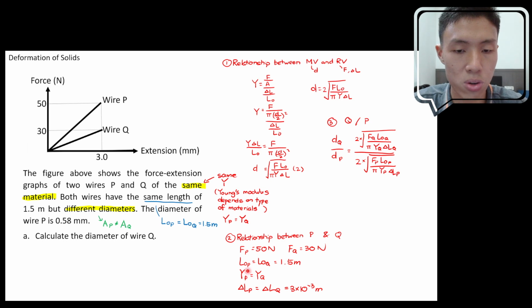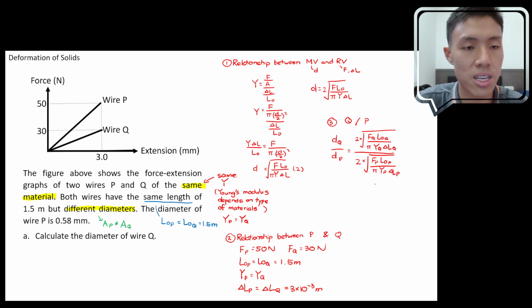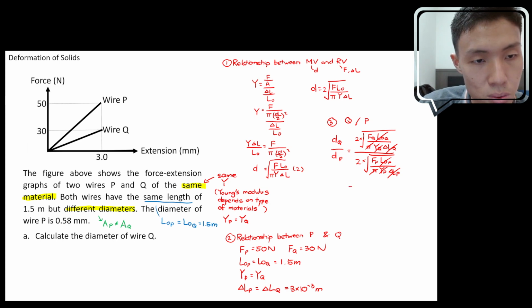Our equals are the original length and the extension. They are the same, so the original length can cross out, and the extension can cross out. Then we also know that they have the same Young's modulus, so that can cross out as well. Then pi is the same value. The 2 can also cross out, of course.